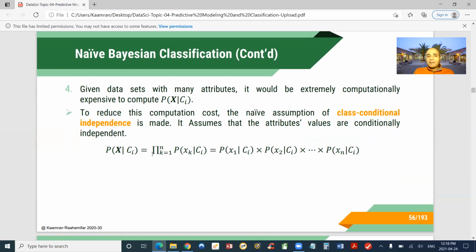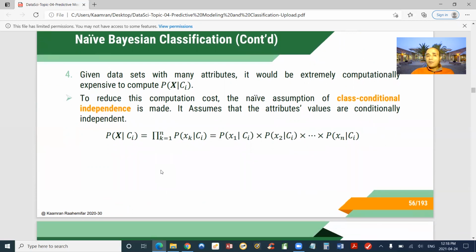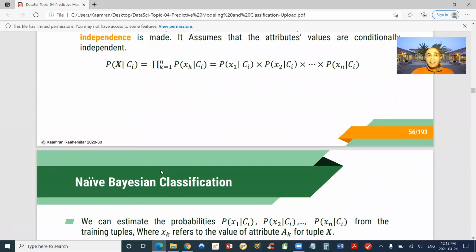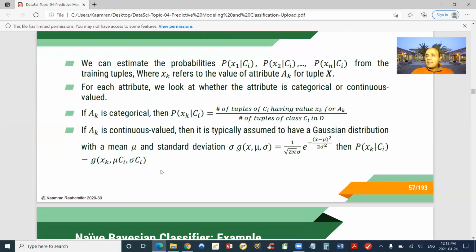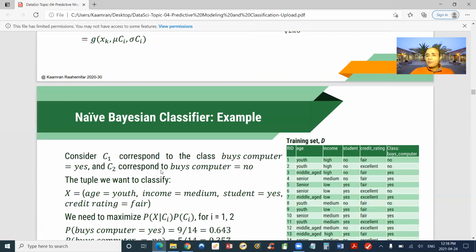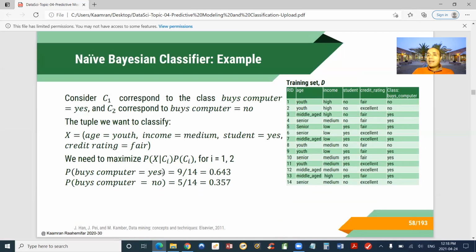So here, remember that there is something we have not included. That would be P of Ci. Okay, and then the list goes on. A little bit of technicalities. You don't have to go through that, but I would like to go through an example.